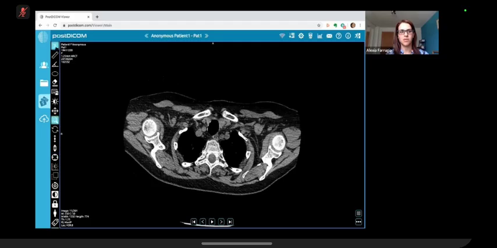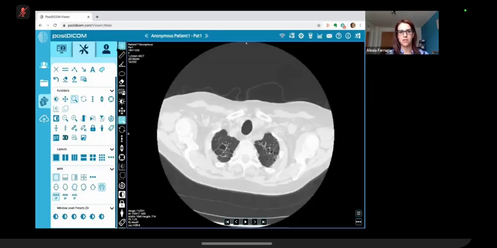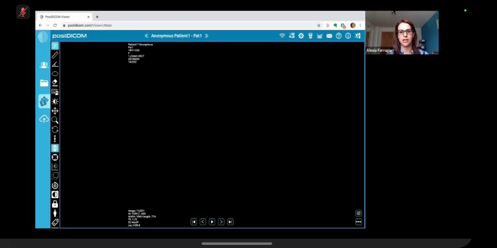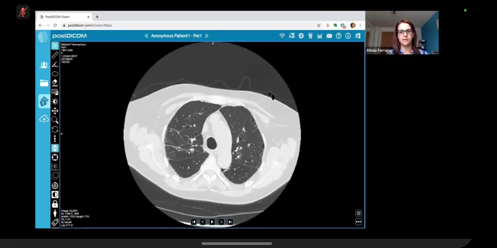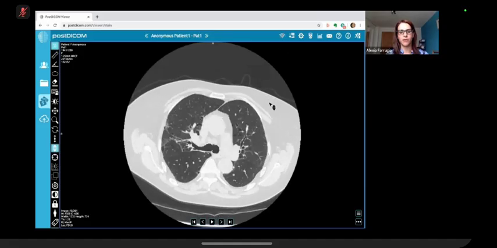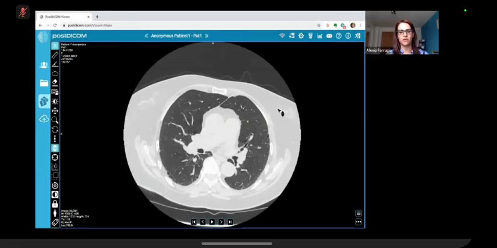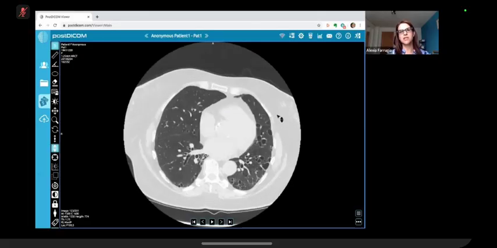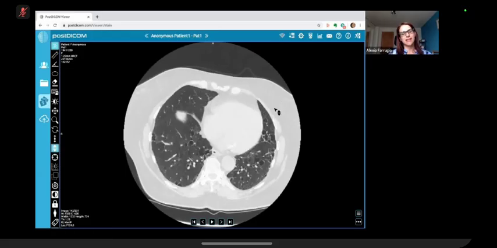Okay. So this lady had Sjogren's syndrome. She was being followed up in rheumatology clinic for that. Does that help you in defining what cystic lung disease she has? It's quite unusual.